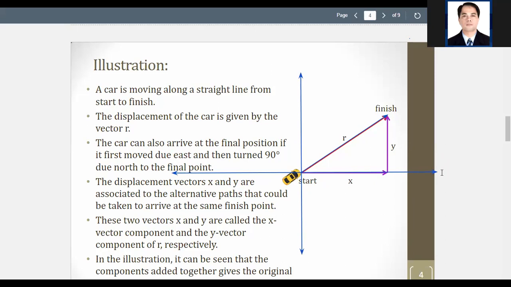With regards to the x or to the y-axis, we see that the car is relatively moving in two different directions with respect to the x or to the y. So there is a component that we can consider to be on the horizontal, which is its horizontal component.